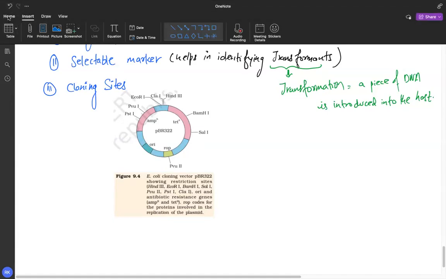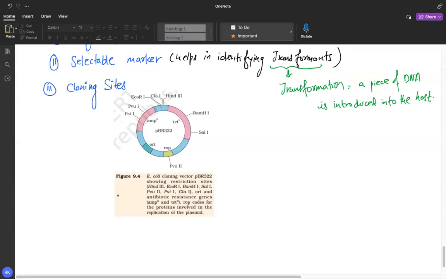What's the consequence of having more than one recognition site for the same restriction endonuclease? The consequence is that the same restriction endonuclease will cut at two places. Whenever you treat, you can do sequential treatment, or if you have different sites for different restriction endonucleases, you can still control that your plasmid, after you have inserted everything, comes back to a circular form.